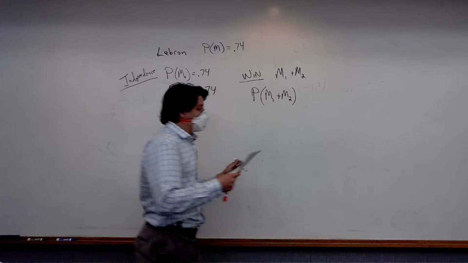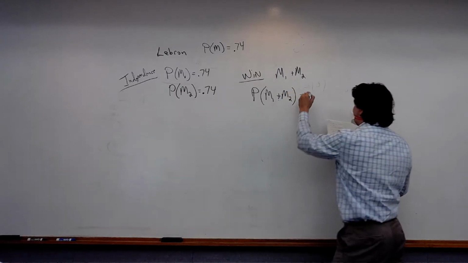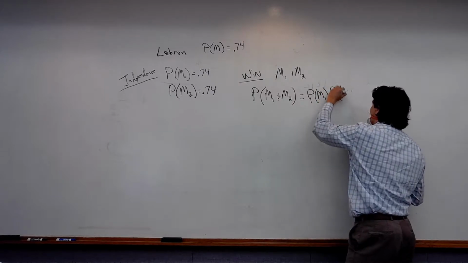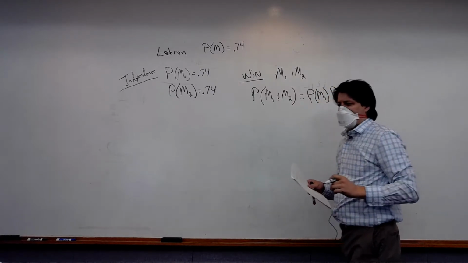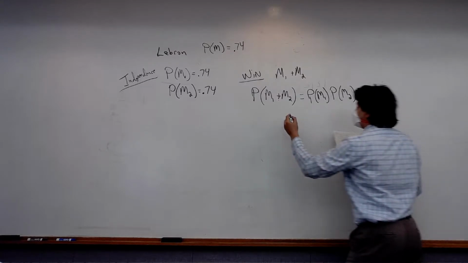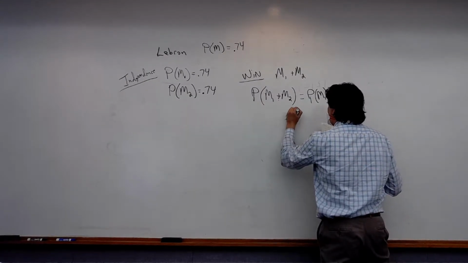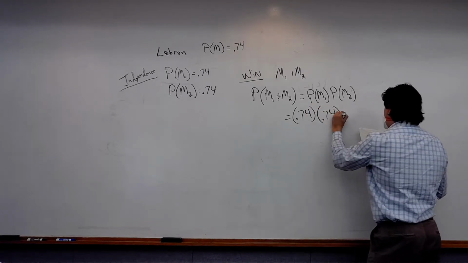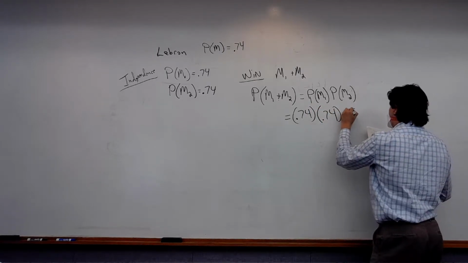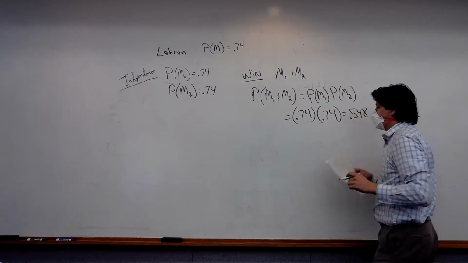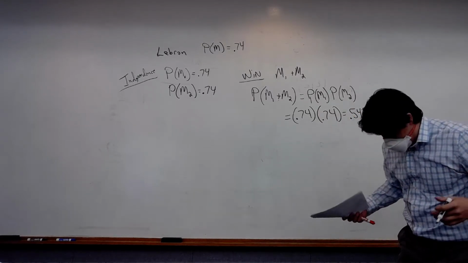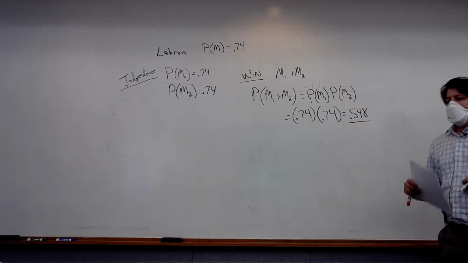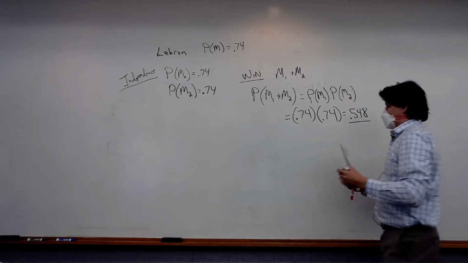In the independence case, that's simply the probability of M1 times the probability of M2. We can just plug in 0.74 times 0.74, and we end up with 0.548. So a 54.8 or 55% chance that LeBron wins the game directly in these two free throws.